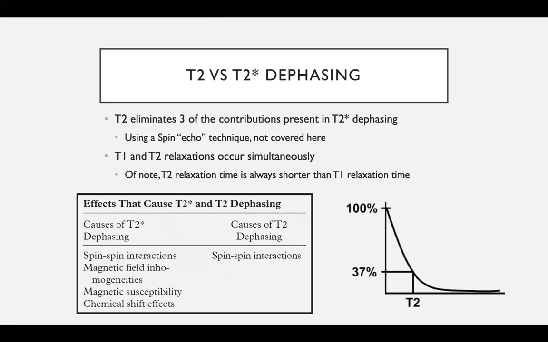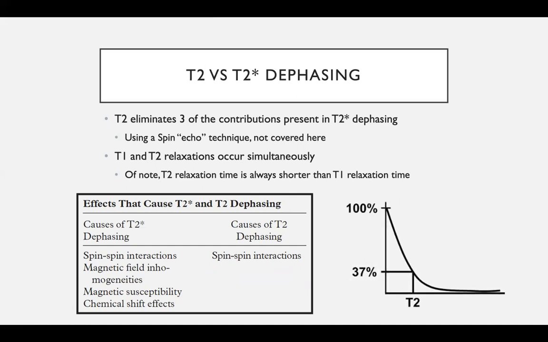So I just want to briefly touch on T2 and T2 star. So they essentially are cut from the same stone. T2 star has 4 different contributions that lead to dephasing, whereas T2 dephasing eliminates 3 of these contributions and only focuses on the spin-spin interactions.